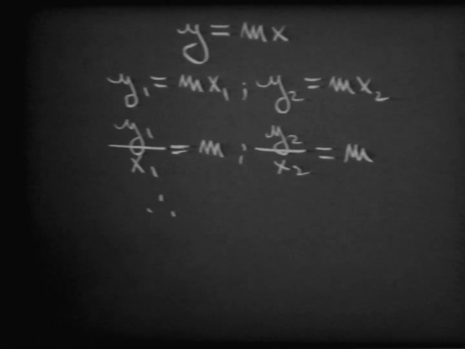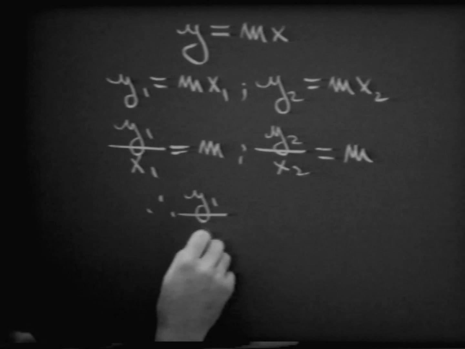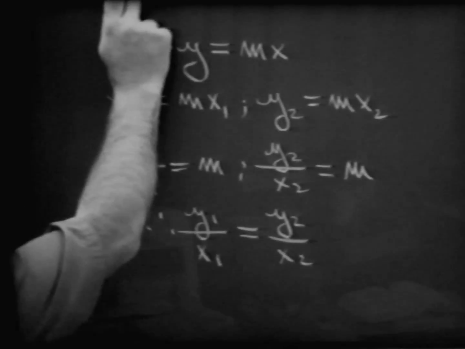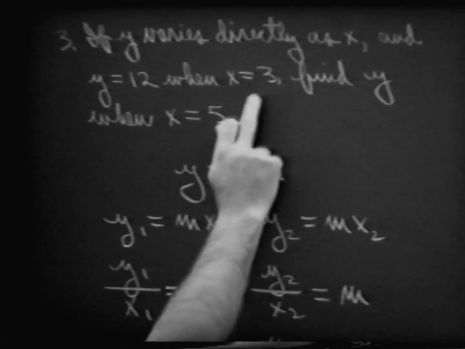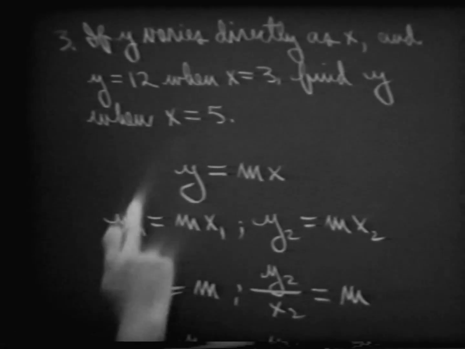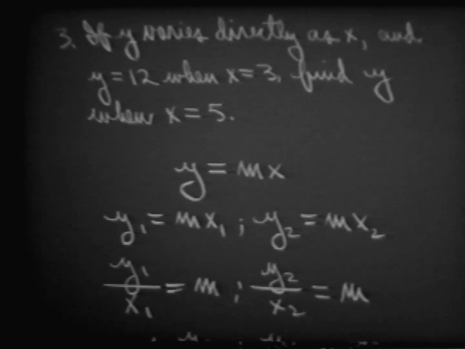Therefore, what is our conclusion? y sub 1 over x sub 1 equals y sub 2 over x sub 2. And now notice here, in this proportion again, from the data that is given to us, we know y sub 1 and x sub 1, and we would like to find y sub 2 when we know x sub 2. So how many of these four numbers do we know?